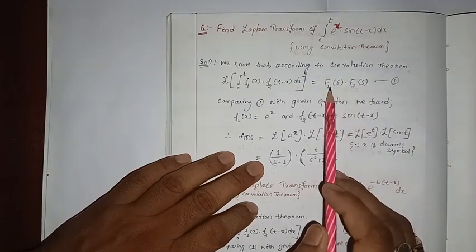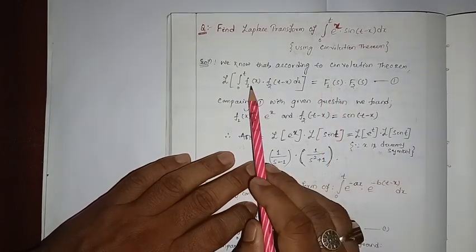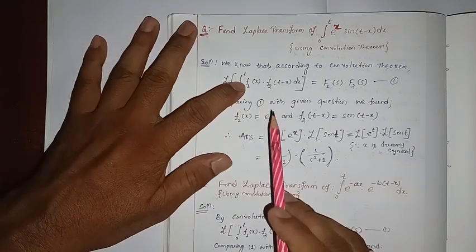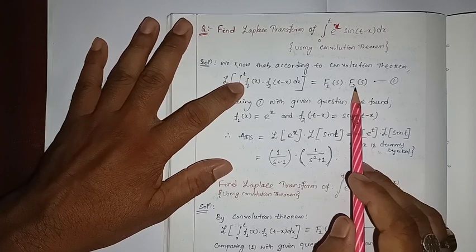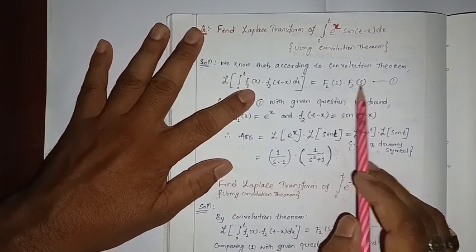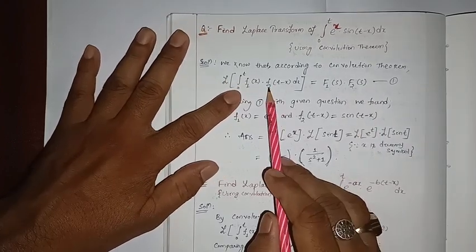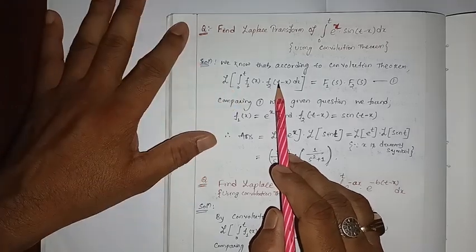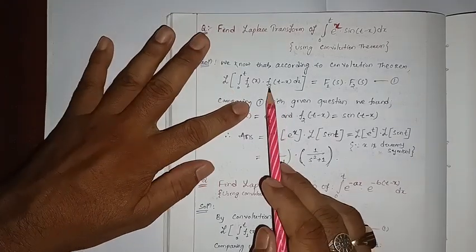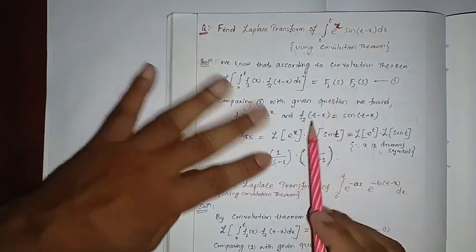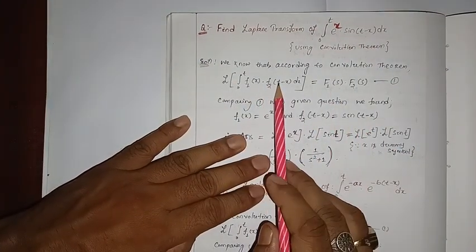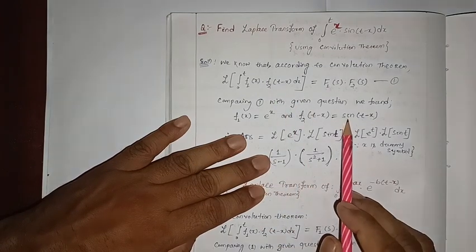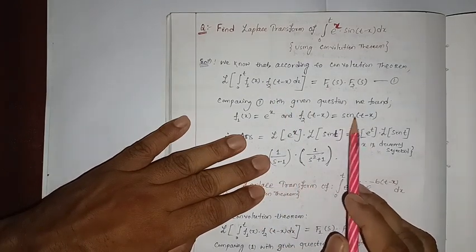Here F1(s) is the Laplace transform of f1(x), and as per the question, f1(x) is e^x. Capital F2(s) is the Laplace transform of f2(t). Here f2(t minus x) is sin(t minus x), so if I consider only f2(t), the function will be only sin t.